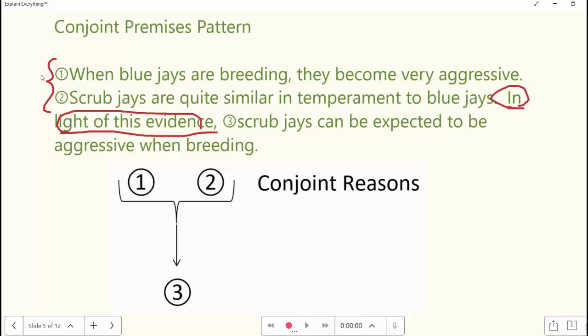So if we leave out 1, that means we wouldn't know what the temperament of blue jays is. We wouldn't know whether they're aggressive. We wouldn't have that information. We wouldn't know whether they're aggressive or passive, or whatever other degree you might have on that scale.